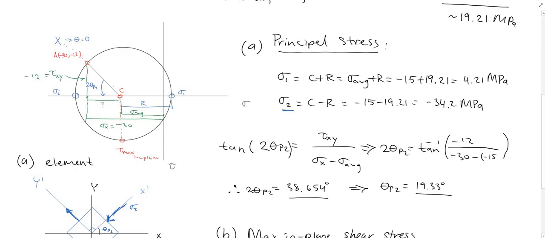I believe it's been in one of your lectures where they talk about the location of your center point, how it's not necessarily on 0, but it's located at the point where we have our max in plane shear stress. So that's located here, which is where your center point is located, which is located at a distance of the average normal stress from the shear axis.